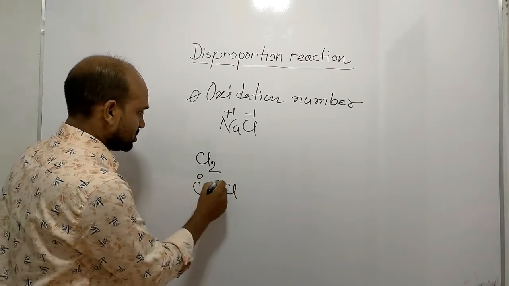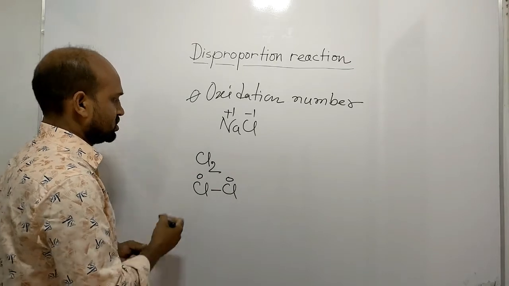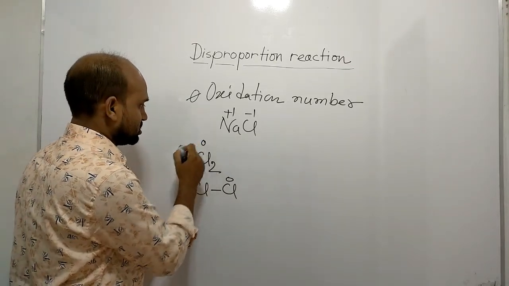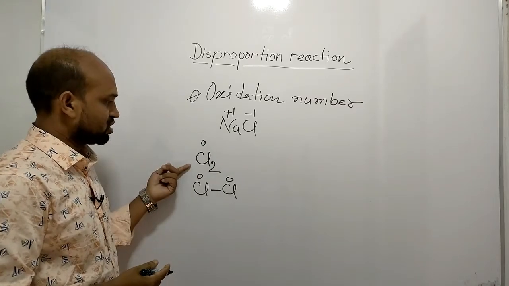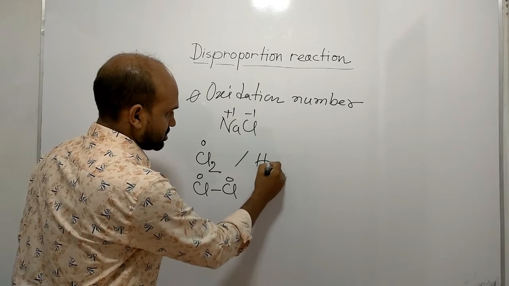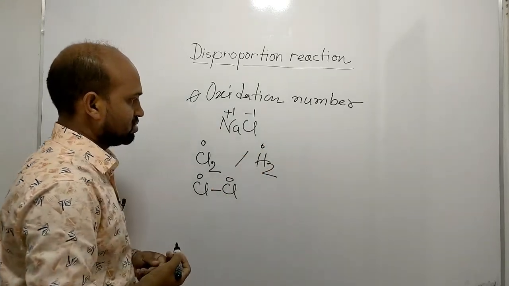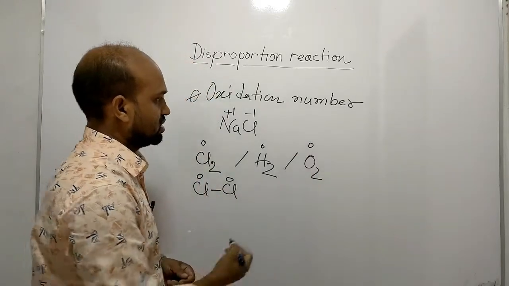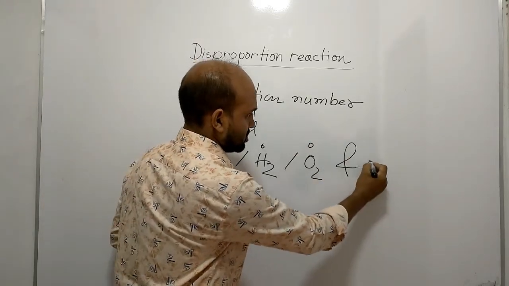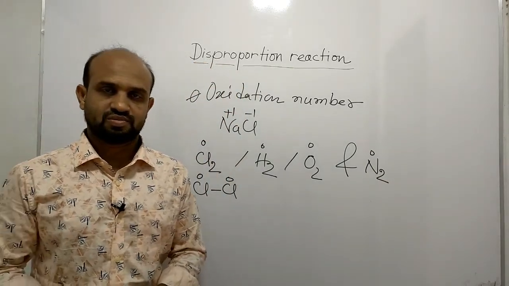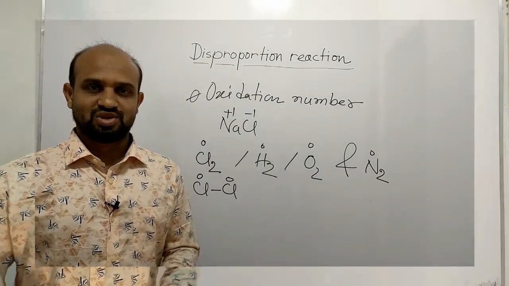So here 0, here also 0. Simply we can write the oxidation number of chlorine is 0 at the top of the molecule. Similarly, oxidation number of hydrogen is 0, oxidation number of oxygen is 0, and oxidation number of nitrogen is 0. Let's move on to the next point.